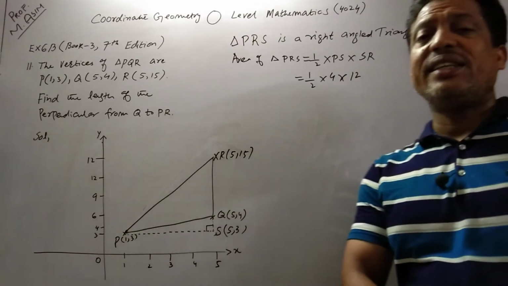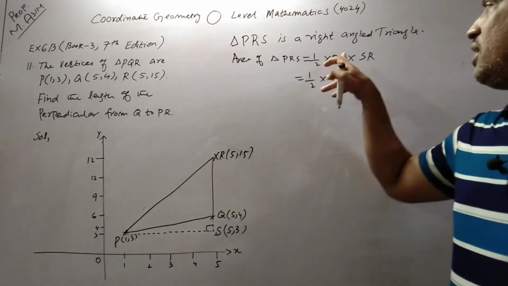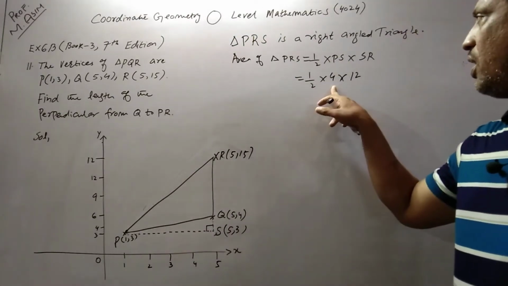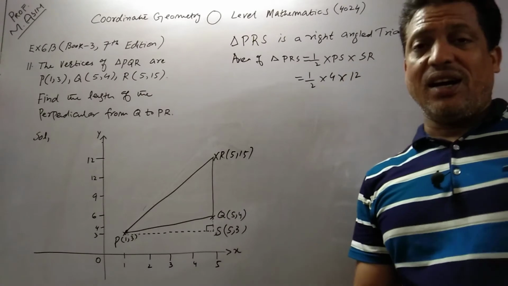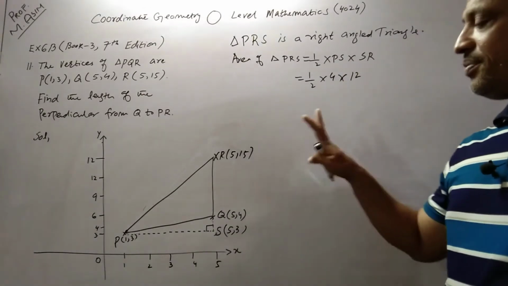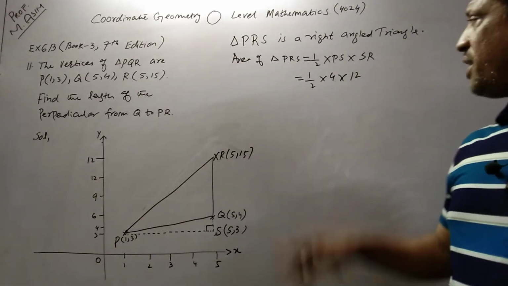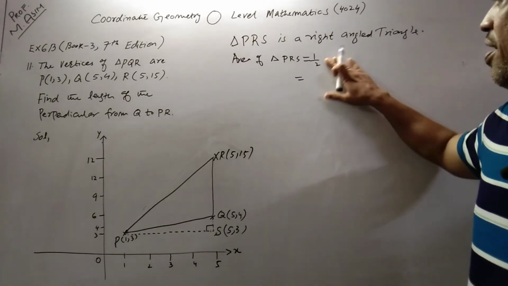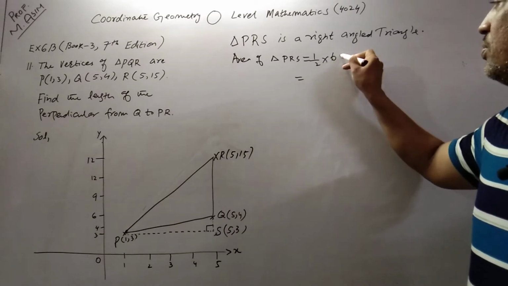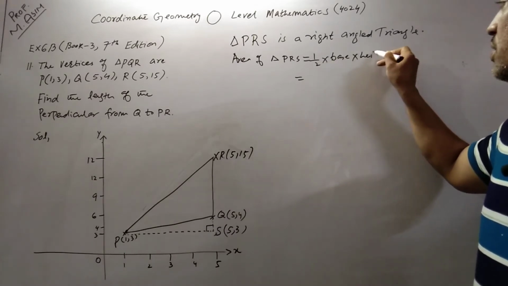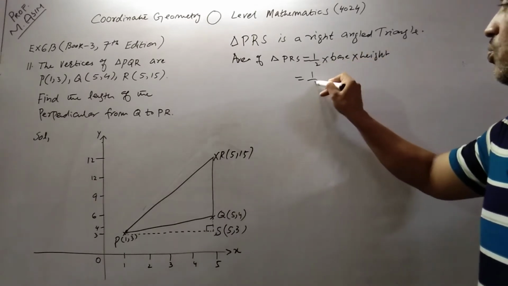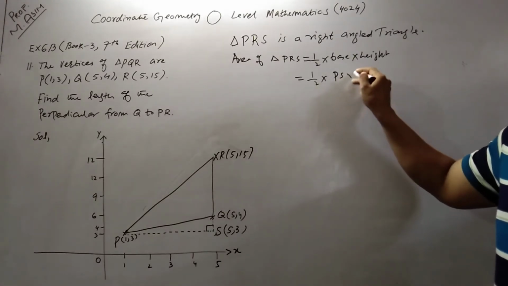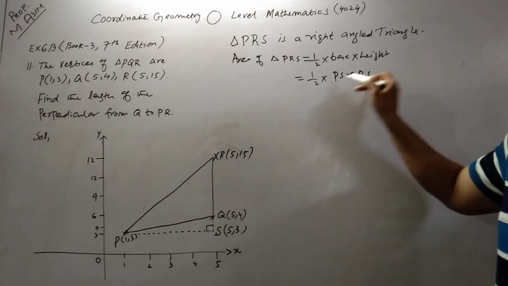If you don't understand this logic, you can find the length of PS by using the distance formula. You will get 4, and you can find the length of SR the same way and get 12. So one half into base into height: in this situation base is PS and height is RS.